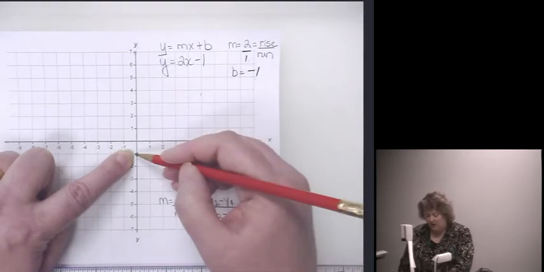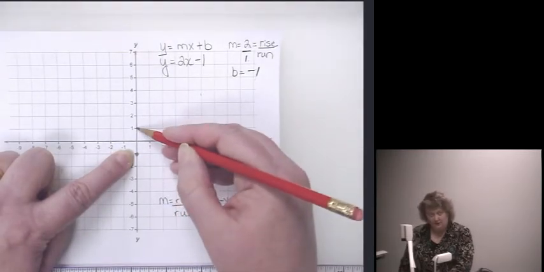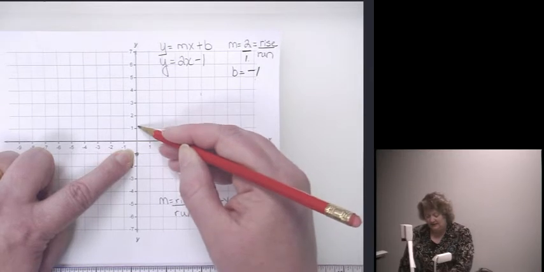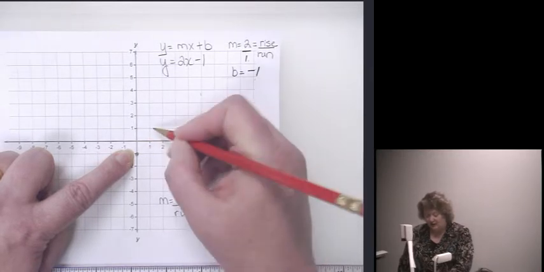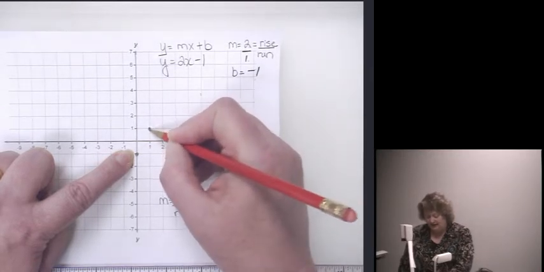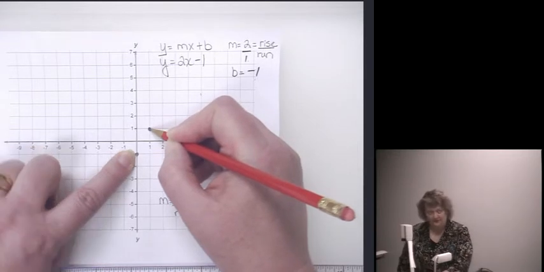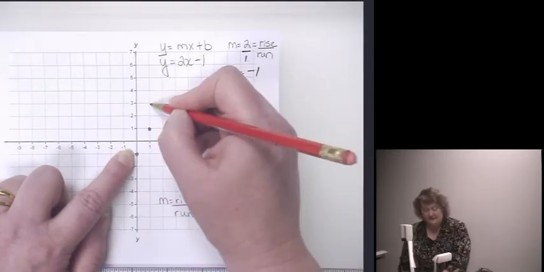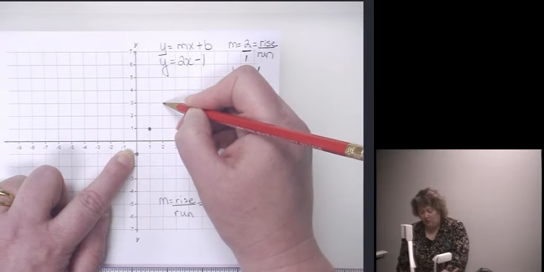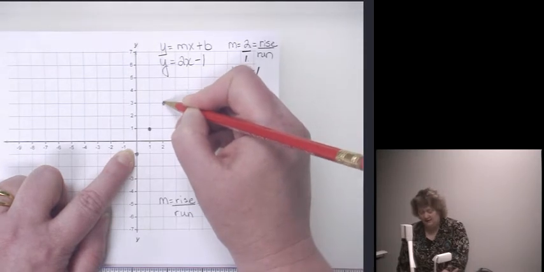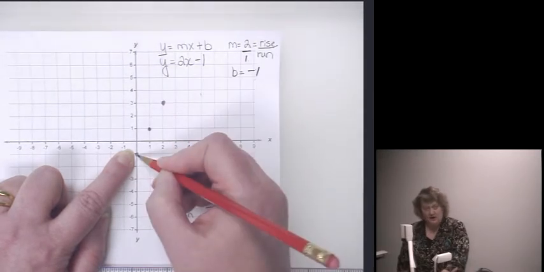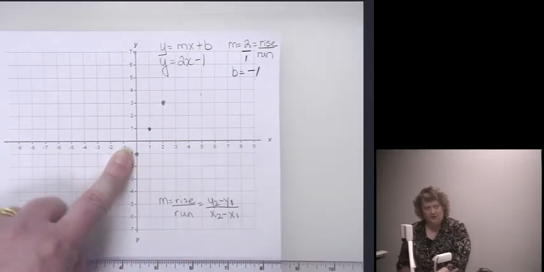So we're going to go up 2. For every 2 units in the y direction, we go 1 unit in the x direction. Now, let me do that again. Where did I start? Notice I started where my finger was pointing.